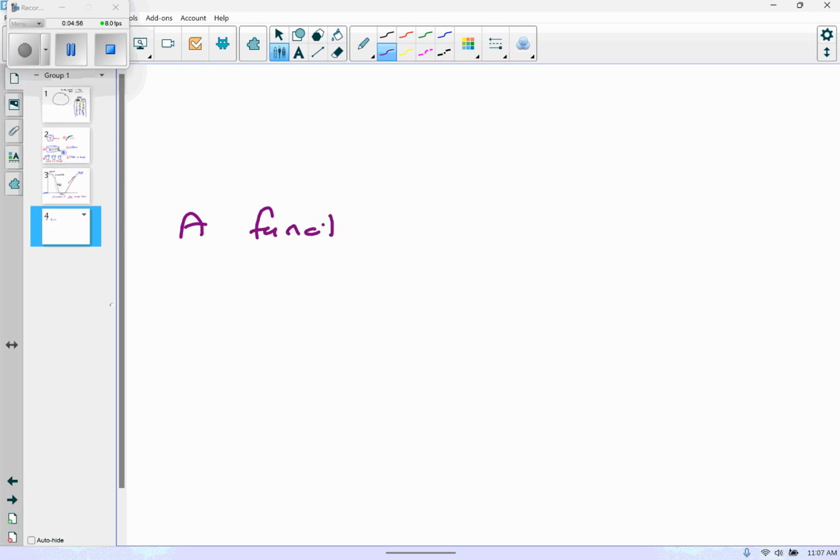A function. So you have points x and y. Agree?